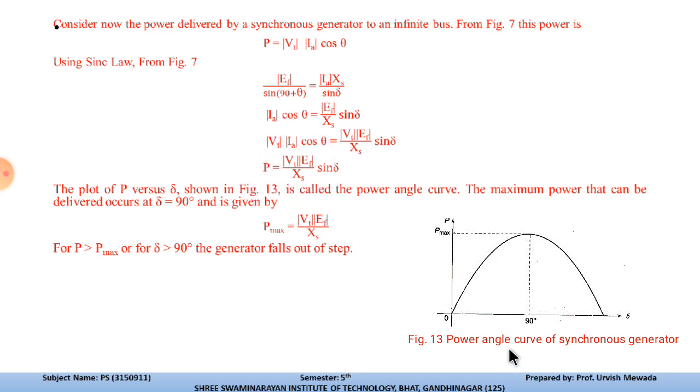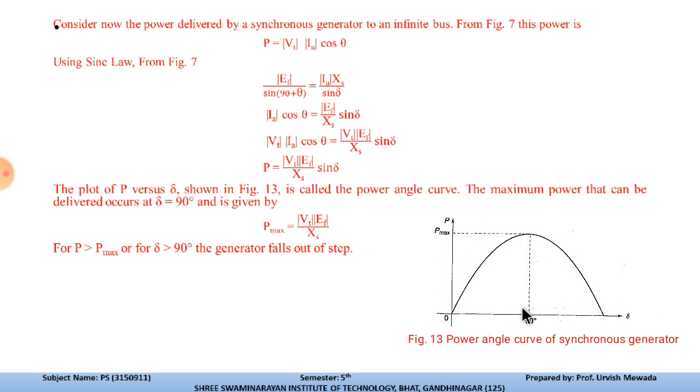Over here you can see that whenever the load angle, or excitation angle, becomes delta equal to 90, at that time we will get the maximum output. The plot of P versus delta, meaning power versus the power angle, is called the power angle curve.